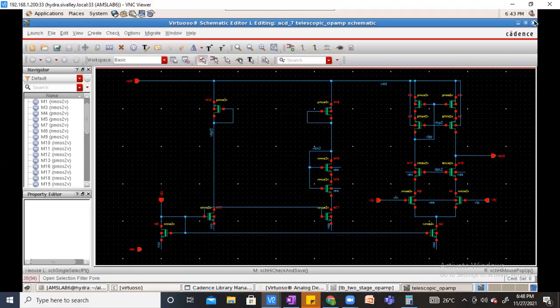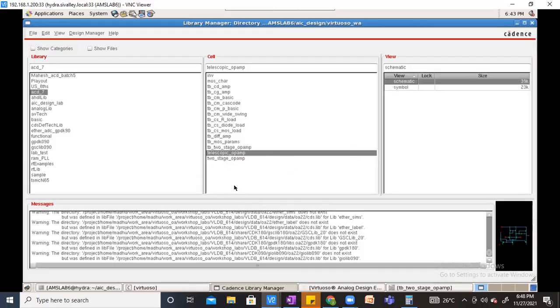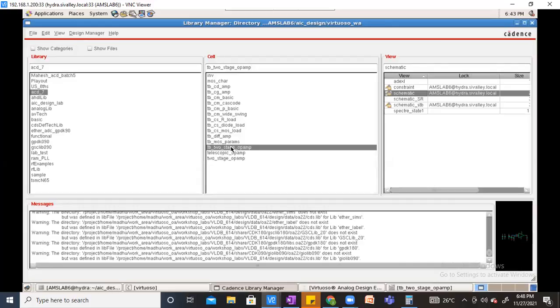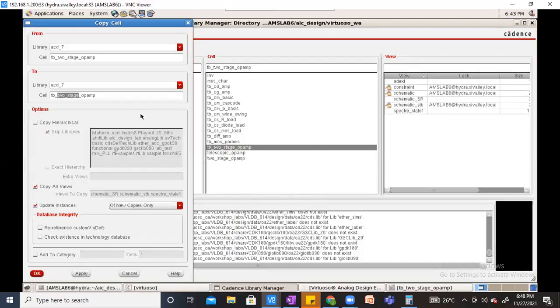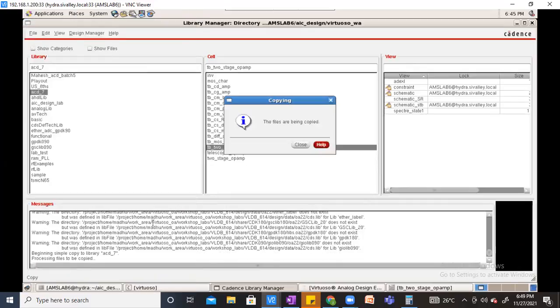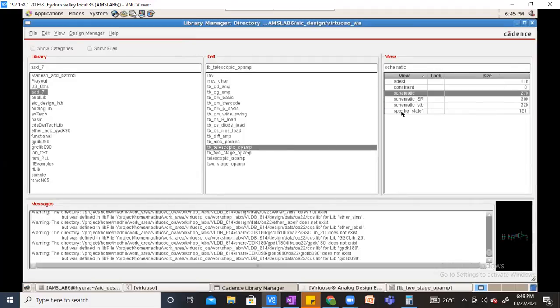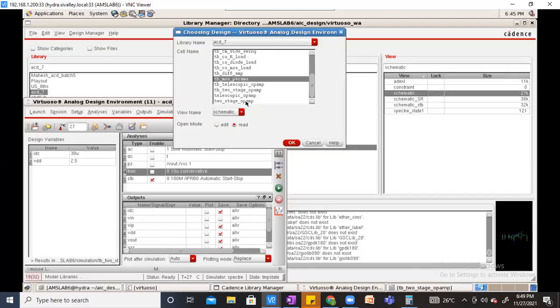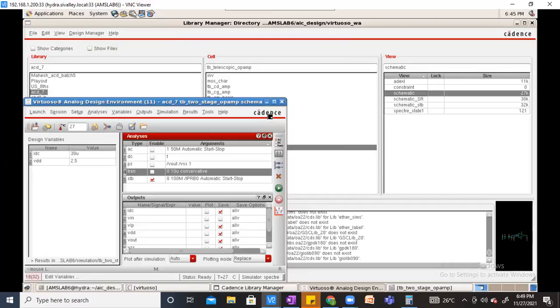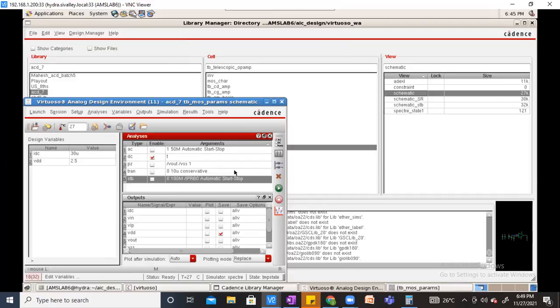Symbol is created. Let's close this and open the symbol. So okay, so how much was the current?